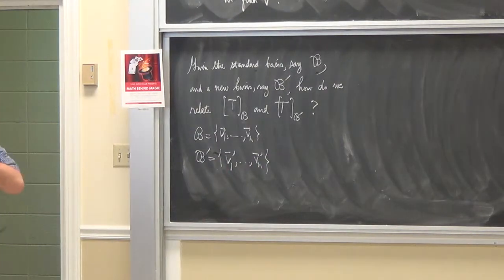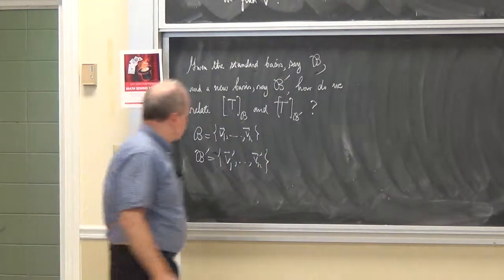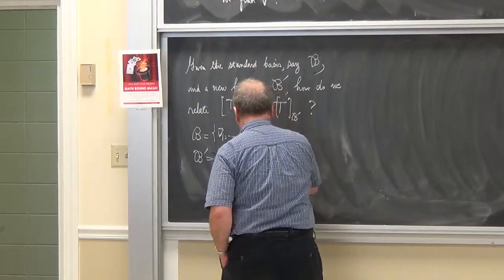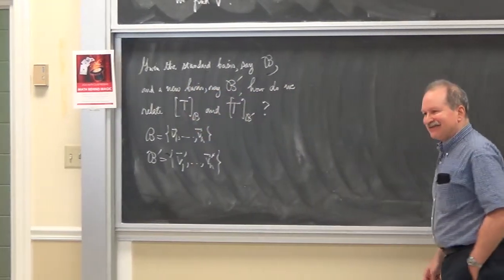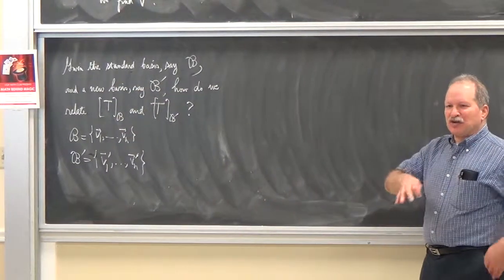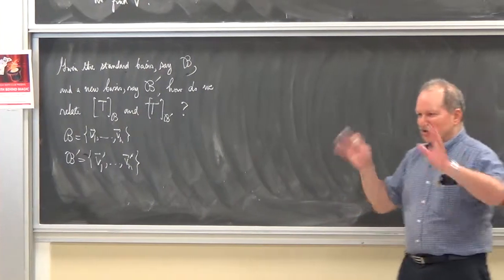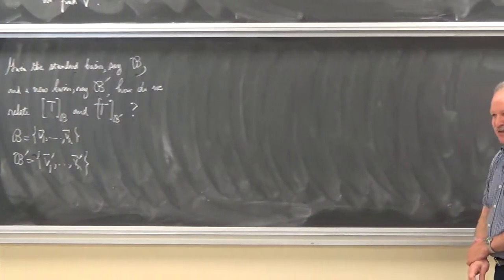So would one way be to convert back to the standard basis and then convert again? Mm-hmm. That's what we're going to do basically. But you don't want to do 6 pages of solving linear equations. You want to have a nice matrix way of doing this. Matrix multiplication. Yeah.